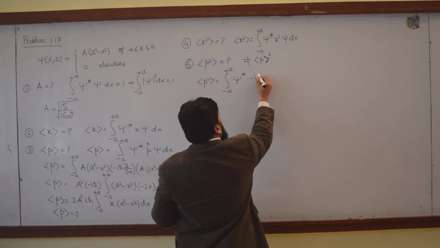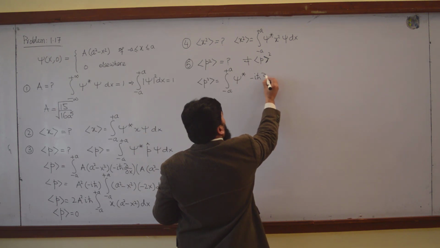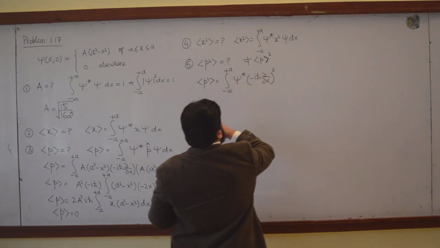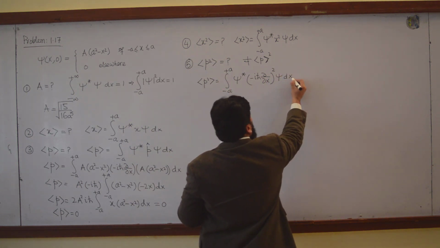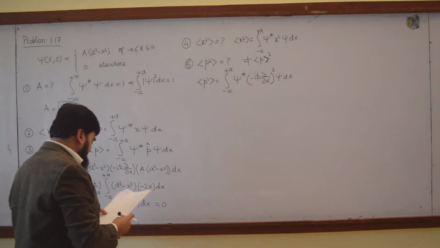So minus i h bar and curly over curly x. This is the value of p squared. And then psi and then dx.